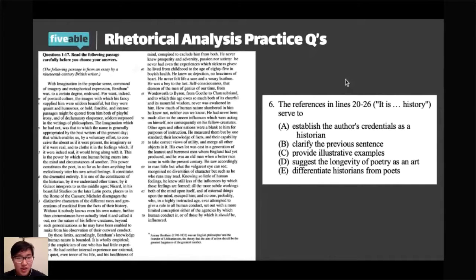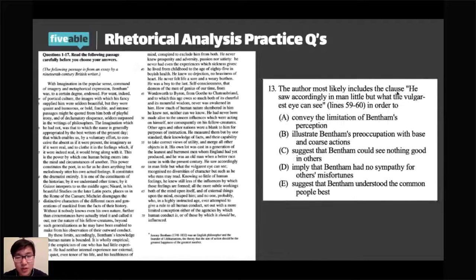All right, so let's try the next one. The author most likely includes this clause. Line 59 starts right here. He saw accordingly.